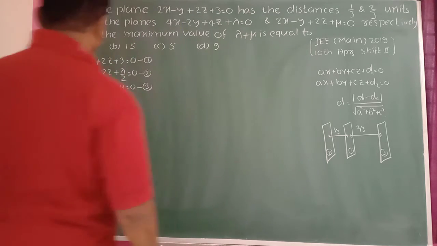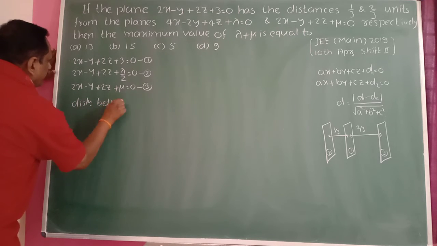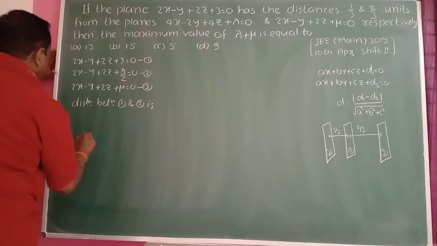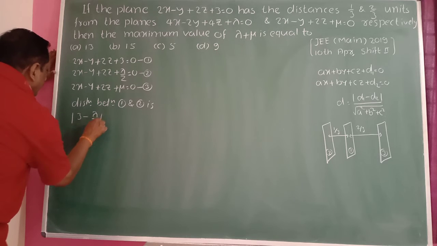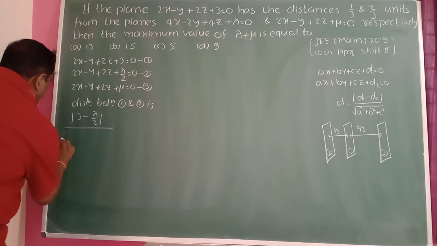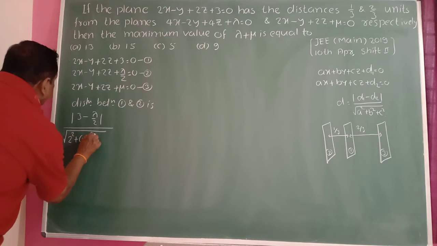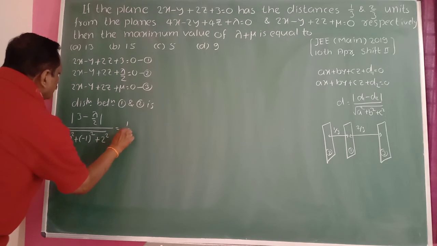This is the formula. Distance between 1 and 2 is modulus of 3 minus lambda by 2 divided by root of 2 square plus minus 1 square plus 2 square, that is equal to 1 upon 3.